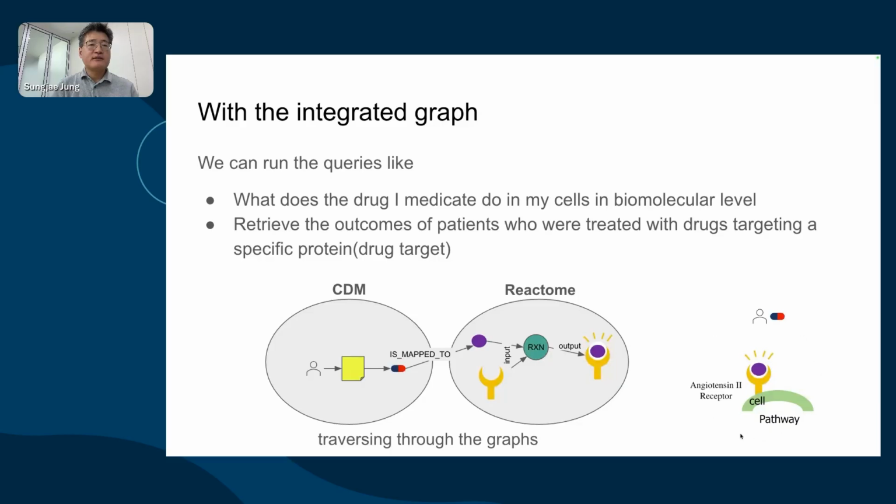This is the information we can get from the graph, which I drew in a more intuitive diagram. The drug I medicate is some signal blocker which binds to some signal receptor on some vessel cells, which controls the elevating of the blood pressure.